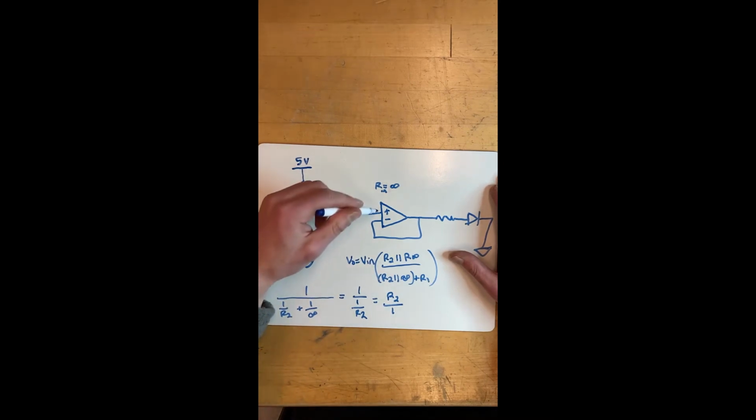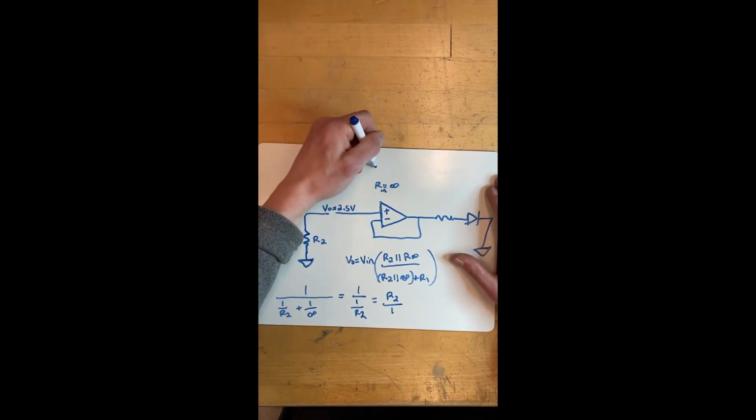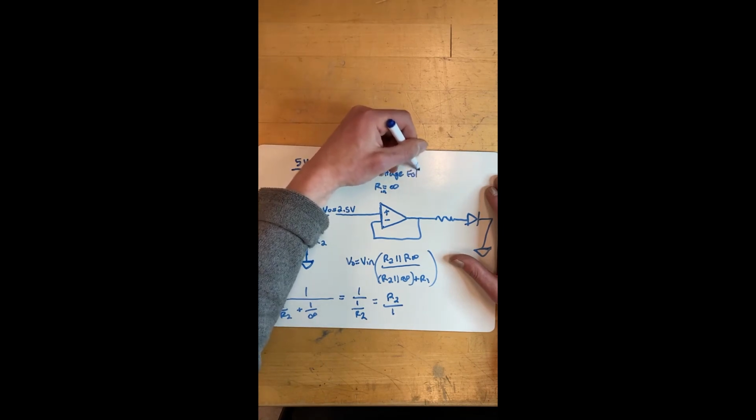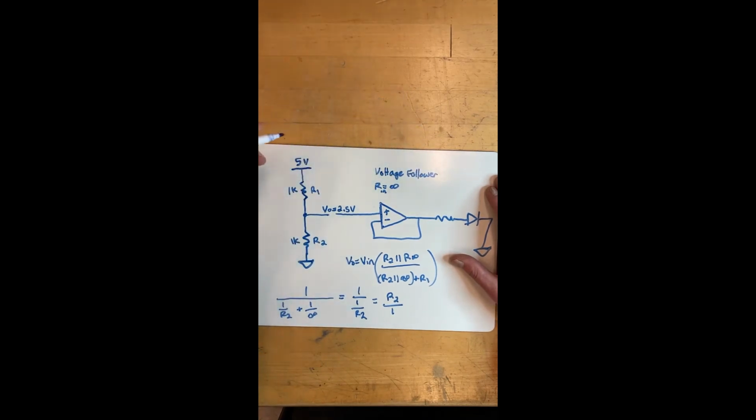So if this truly is ideal, which, you know, it's not going to be too far off, then it's going to work great. This is actually called the voltage follower, or a buffer.